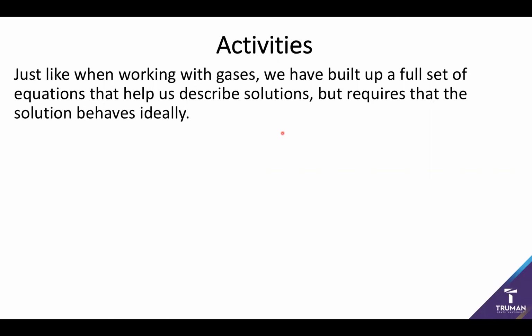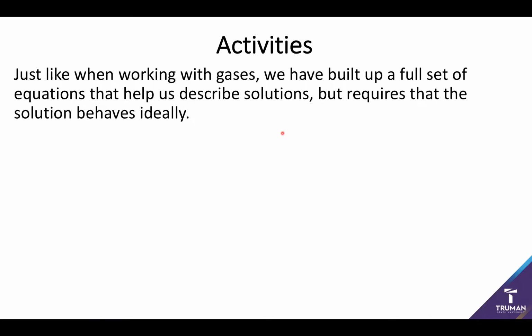So we've built up a full set of equations that really helps us describe a solution like we saw last time with colligative properties. But here's the problem. Most of these laws assume that our system is, again, behaving fairly ideally.